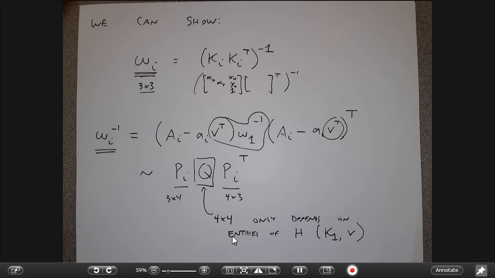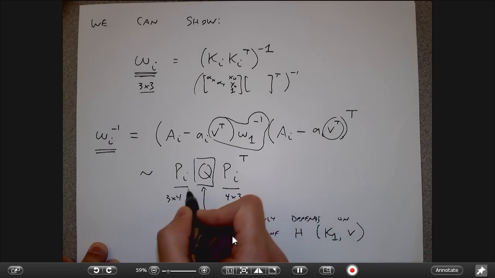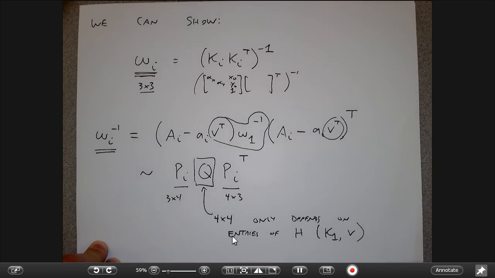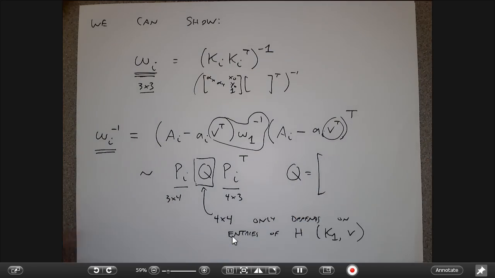It's not hard to show once you work your way backwards. The form of Q is given in the book. I'm not going to write it down, but it's explicit. Well, I guess I will write it down right now. The form of Q is this.